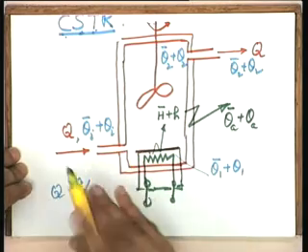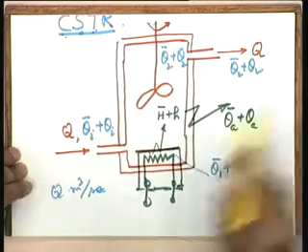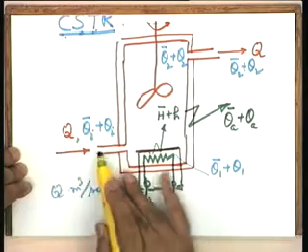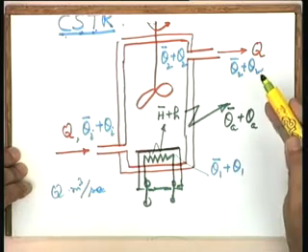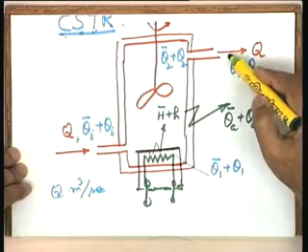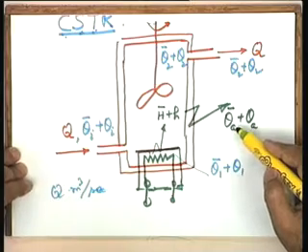So, I will say, though it is a disturbance for the system with respect to the nominal point, I will say that there is a heat inflow from this source, there is a heat inflow from this source, and where is the heat outflow? The heat outflow will be here as well as here, that is through the environment.